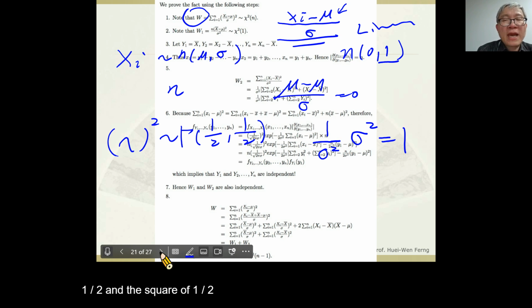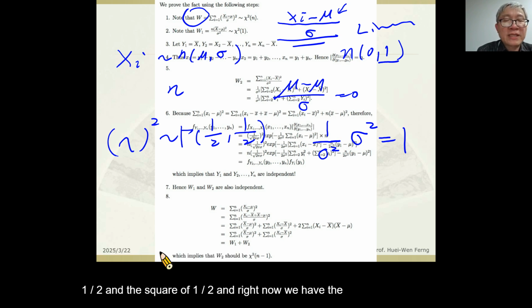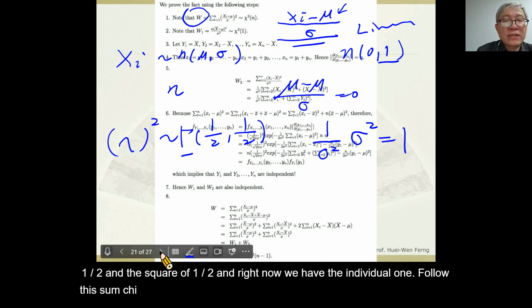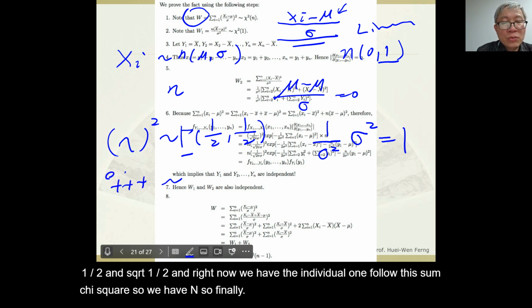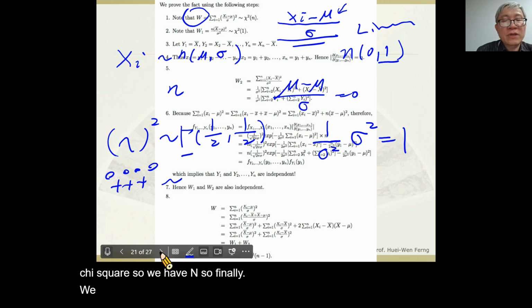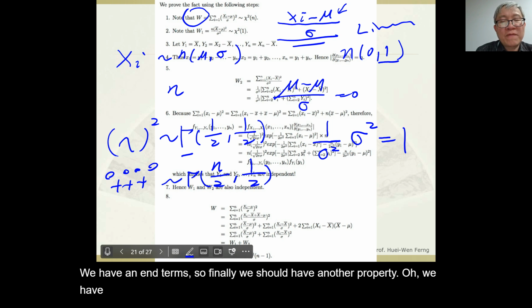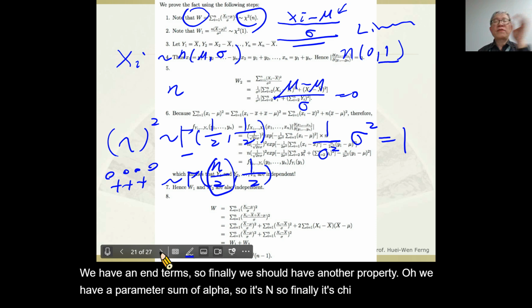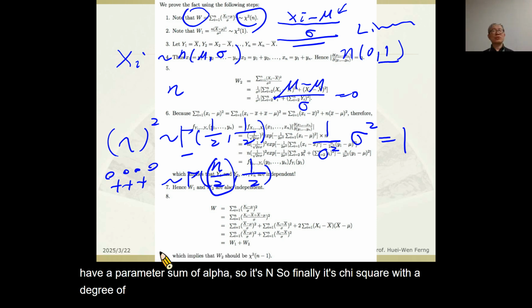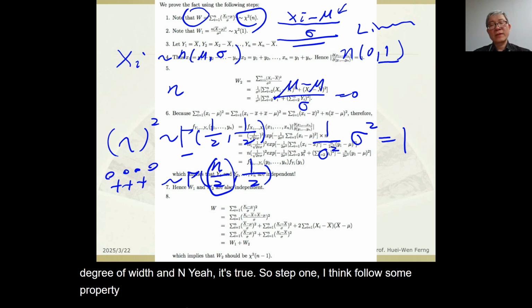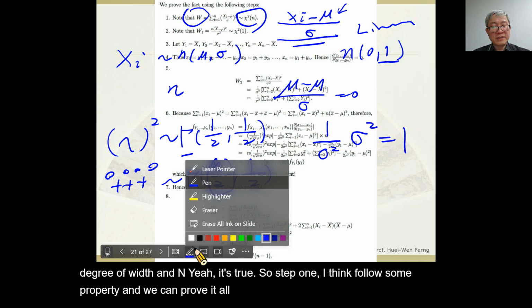And right now we have each individual one following this chi-square, and we have n terms. So finally we use another property: the sum of the alpha parameters is n. So finally it's chi-square with degree of freedom n. Yeah, it's true. So step 1 follows some property and we can prove it. Alright, so this is the first one.